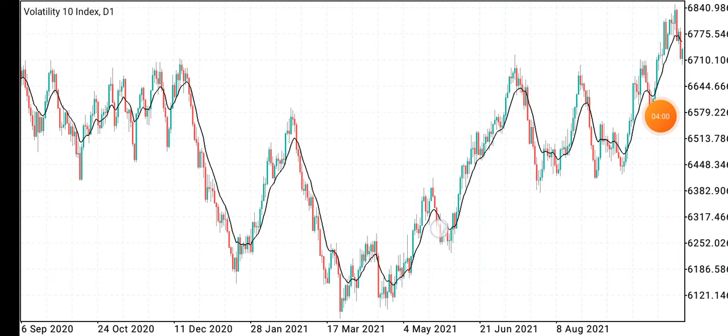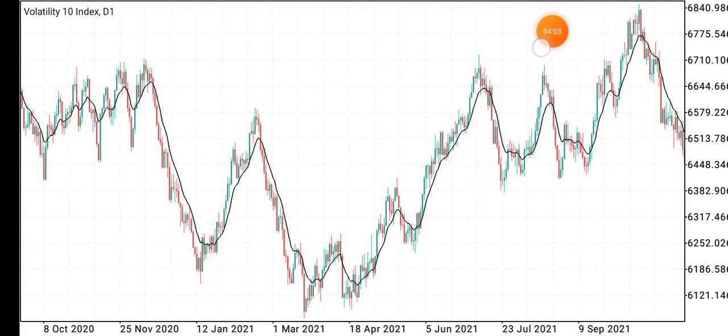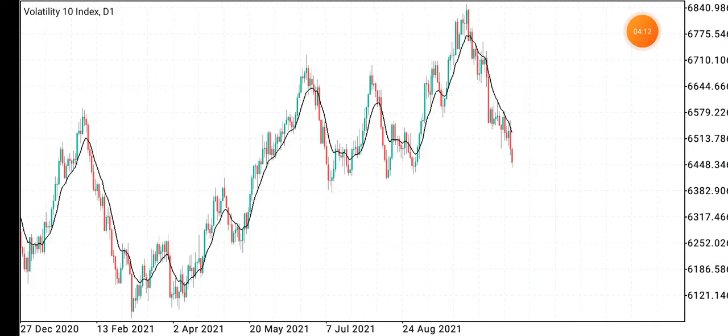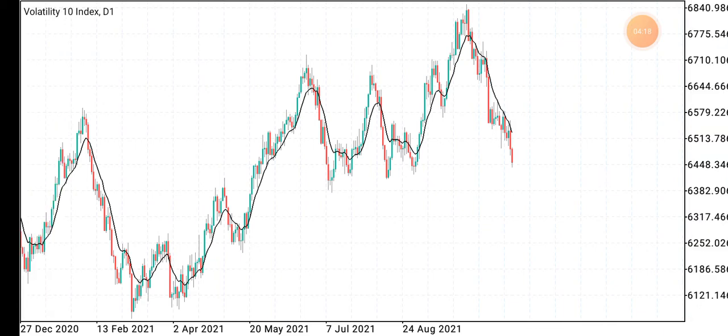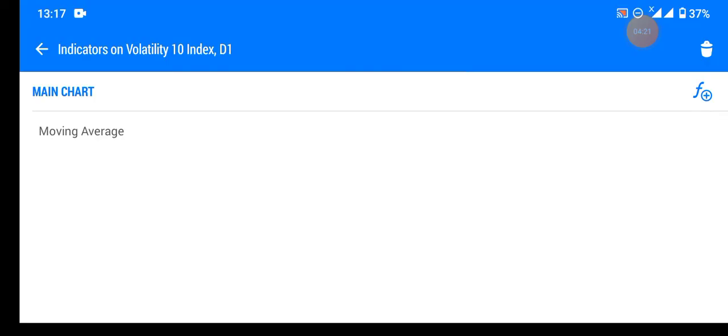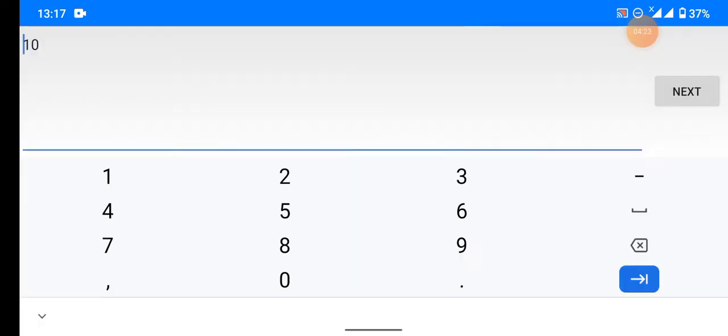So I don't really know how short-term traders use this, but if I can find out, I'll make a video on that. But if you're a short-term trader, I advise you stick to EMA 10. Try to know more about moving average 10, or find which strategy works. You don't just depend on others. Try to develop your own strategy and see if it works best for you.